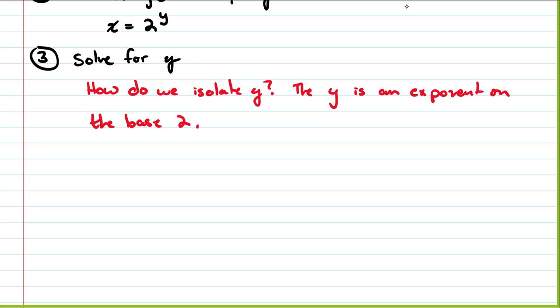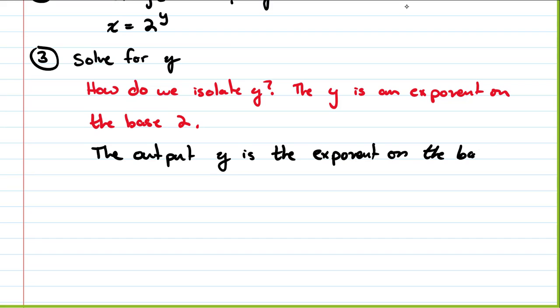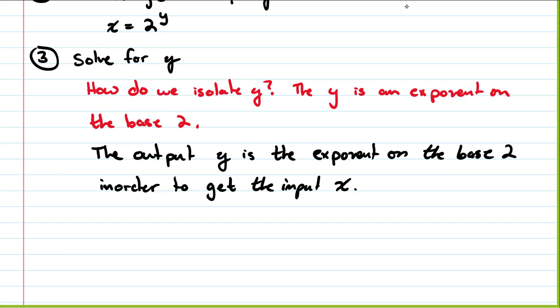So let's describe this verbally. What does our equation say? The output y is the exponent on the base 2 in order to get the input x.